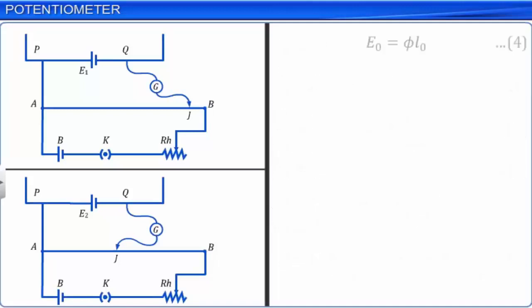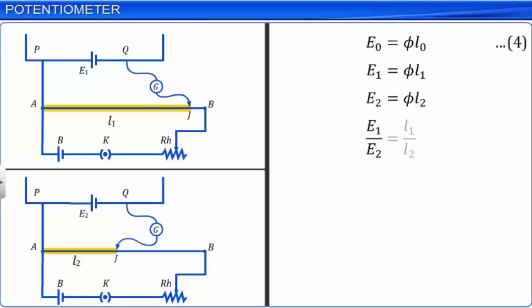Then, we get E1 is equal to phi L1 and E2 is equal to phi L2. Thus, the ratio E1 to E2 is equal to the ratio L1 to L2. Let this be equation 7. This equation shows the comparison of the EMF of the two given cells.